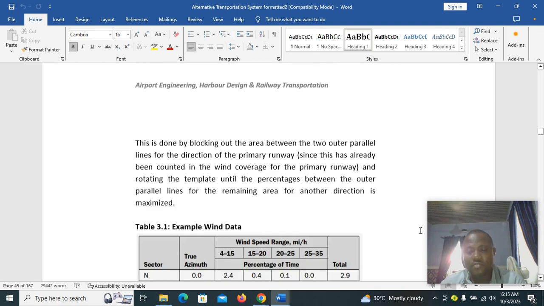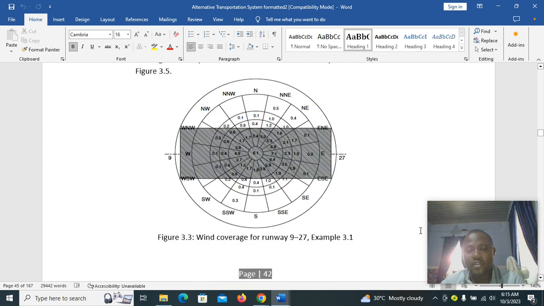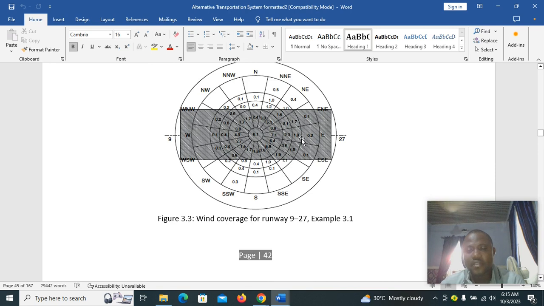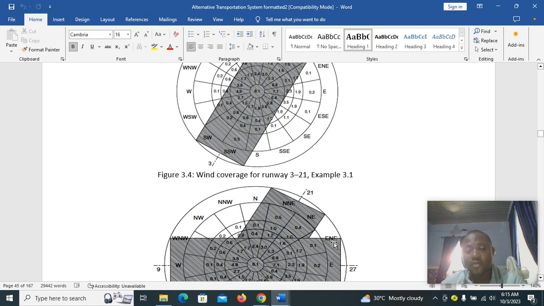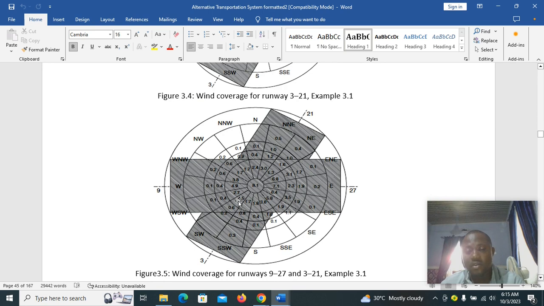So what we're trying to say here is that after rotating this, we put it and rotate it to get the portion where we have the maximum wind. If the percentage of time covered here is not up to 95%, when we sum this, because remember from the table, we said this is the percentage of time the wind is blowing on the airport. So if we sum all of them and it's not up to 95%, then we have to rotate the template, get another template and look for a crosswind runway.